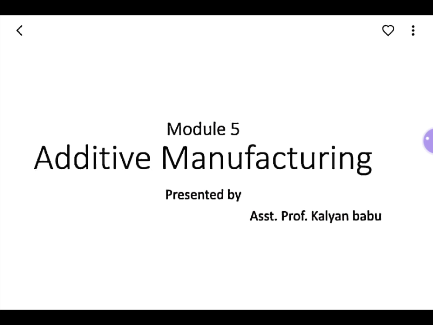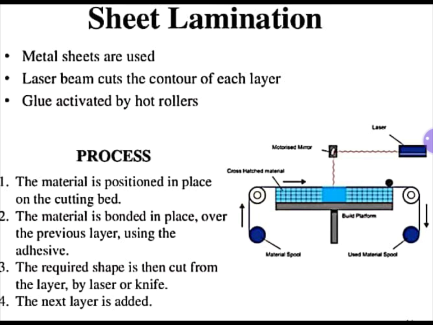Here we are going to discuss the additive manufacturing processes, that is sheet lamination and direct energy deposition technique. First of all, sheet lamination is one of the additive manufacturing processes.